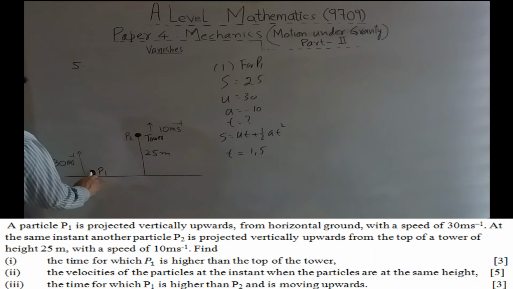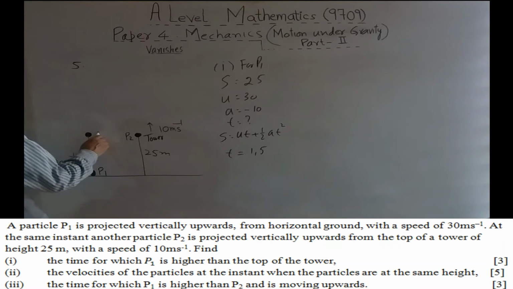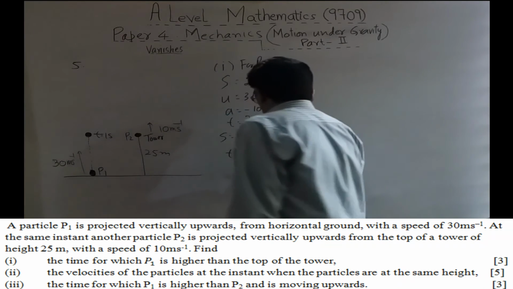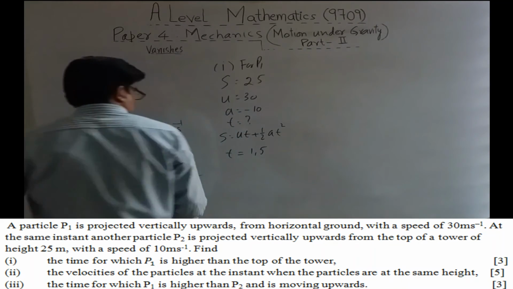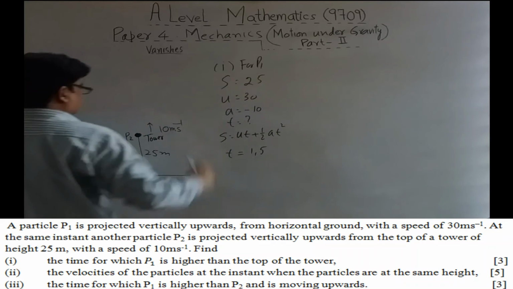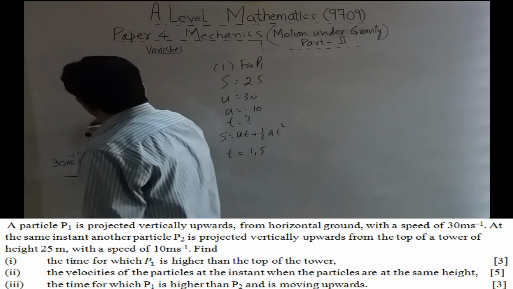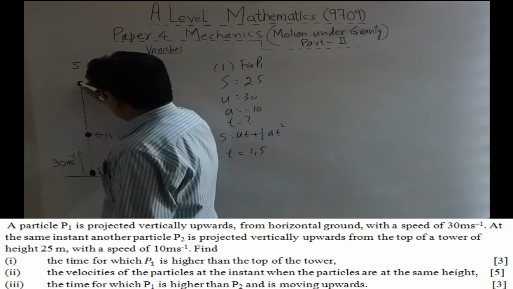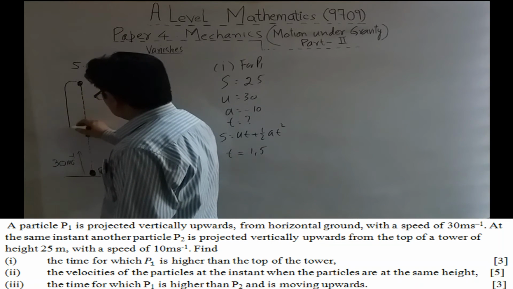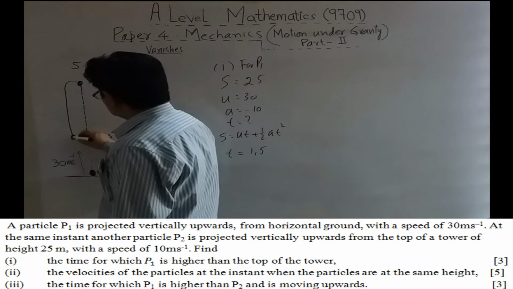this particle P1 will reach this height when t is 1 second. And then what does this 5 seconds mean? Because the distance is again 25, it means that it will go up to the highest point and come back to this point.